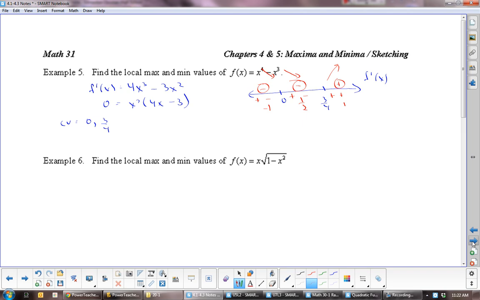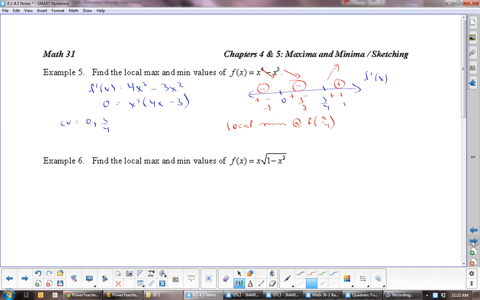So now when it wants us to find the local max or local min, is there a local max? No. Is there a local min? Okay. Where is that local min? 3/4, but that's not enough information, right? We need a point. At what point is it a min? We have to take 3/4. So we can say that the local min is at f of 3/4.